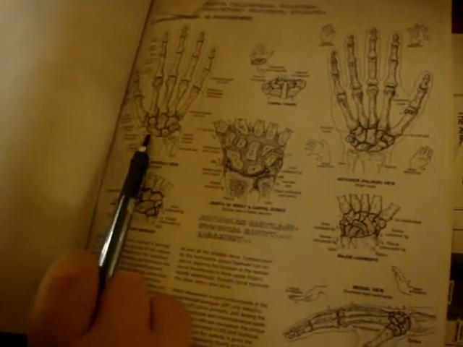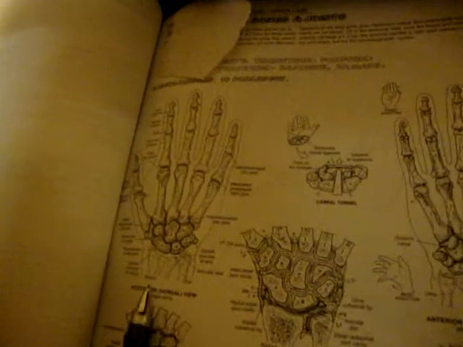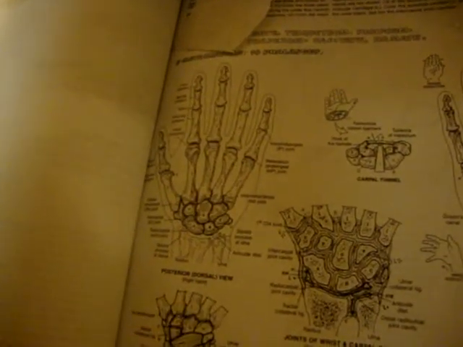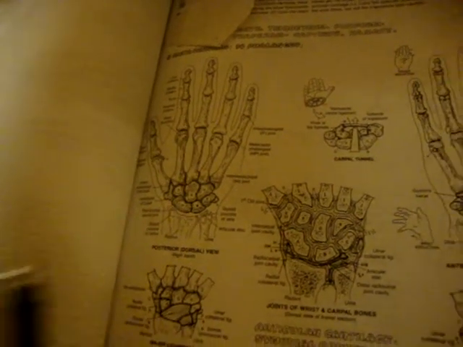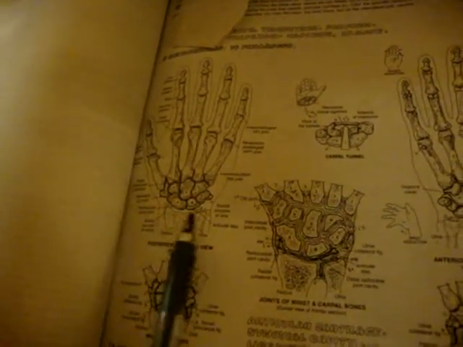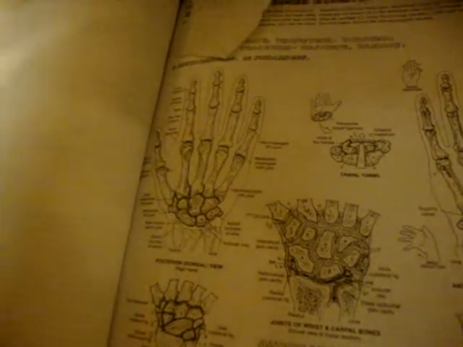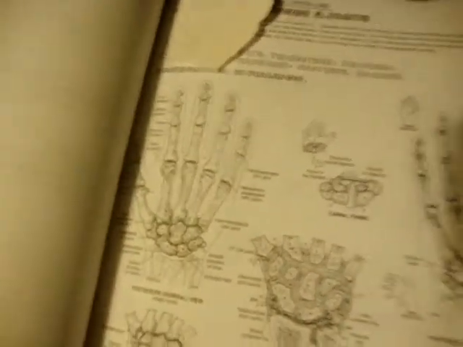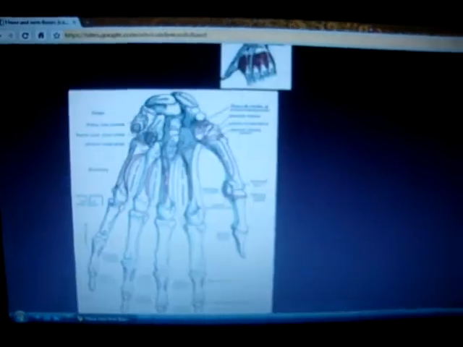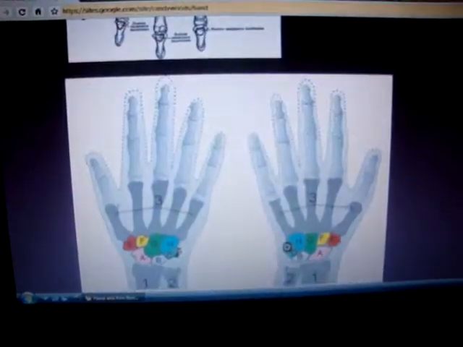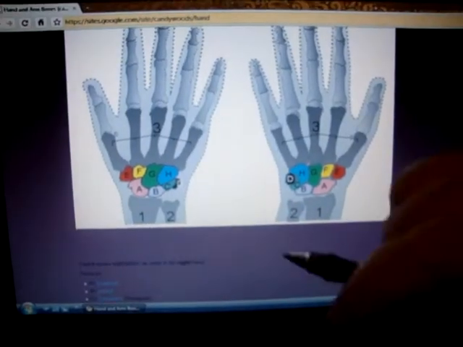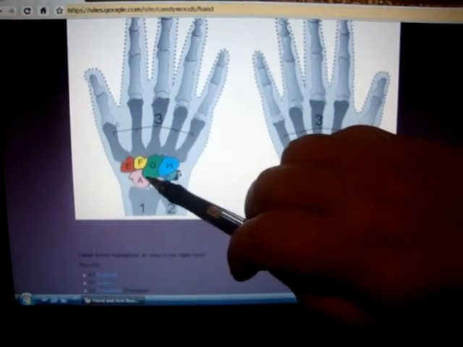This is the styloid process of the radius, the top part of the hand that we're looking for. The names of these bones aren't seen very clearly here, so if I look over here, A is the bone that we're looking for.